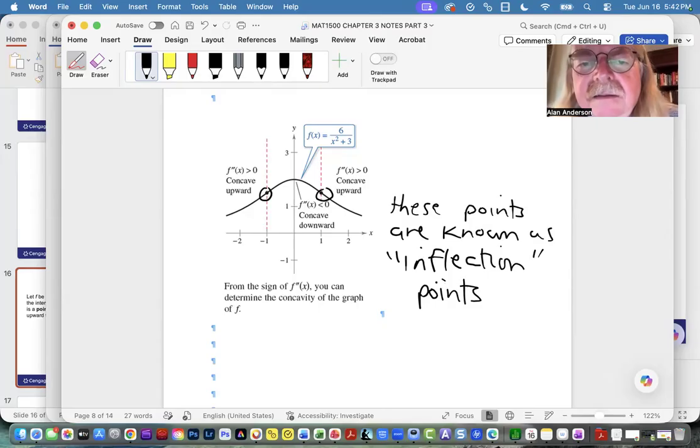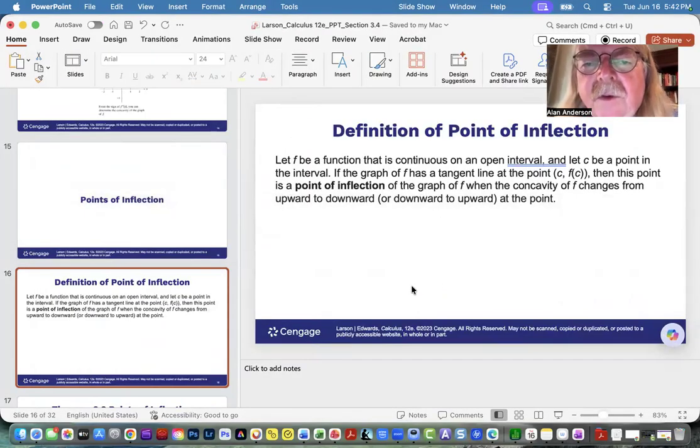Okay. So formally, by the way, it doesn't matter if we're going from concave up to down or down to up. We still call it a point of inflection.